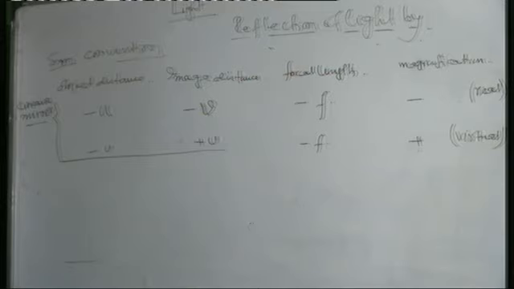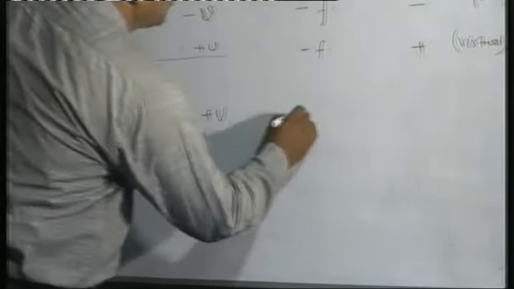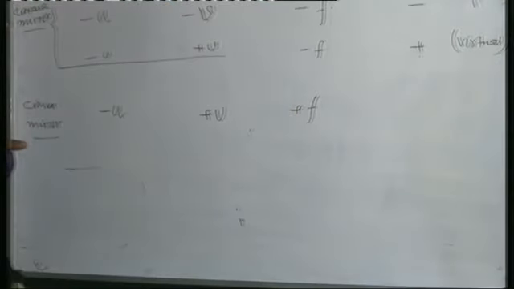Next, for the convex mirror, u is always negative, v is always positive, f is always positive, magnification must be positive.